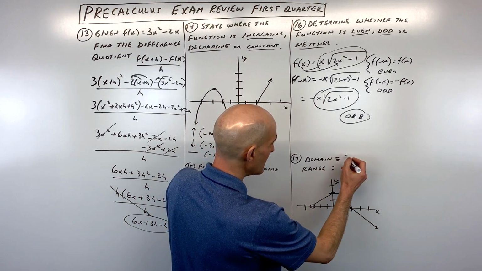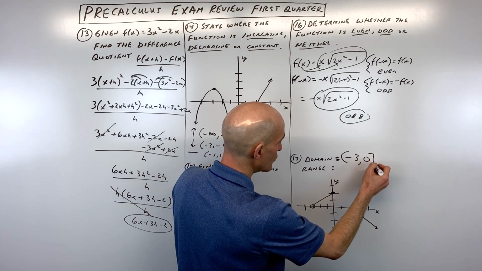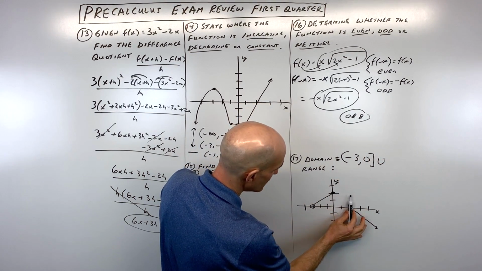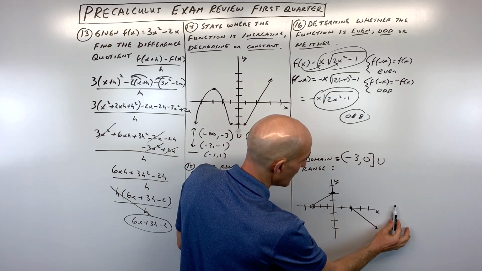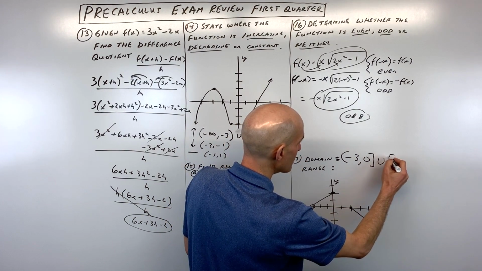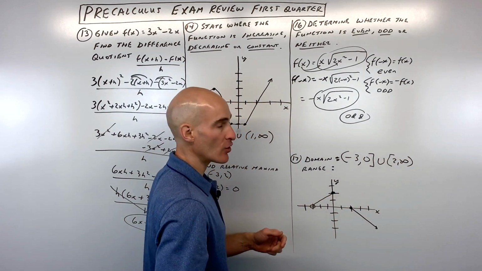So for the domain, it doesn't include -3, but it goes all the way up to 0, including 0, union. Now see how there's a little bit of a gap between 0 and 2, and then it picks up at 2 and greater. So we're going to say from 2 to positive infinity, but you can never reach infinity, that's always going to be open.